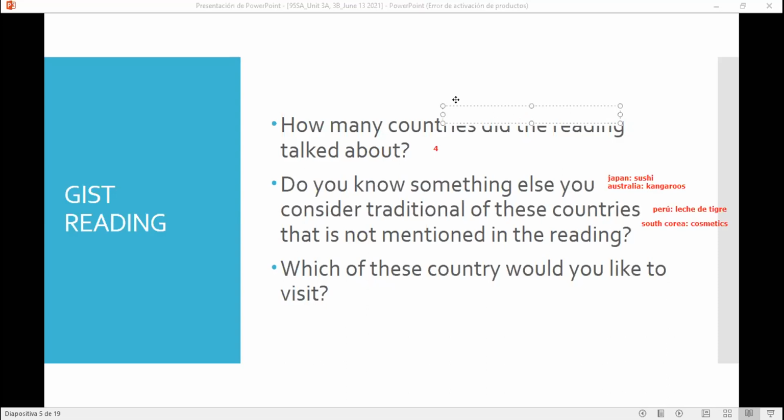Hasta han grabado una película por allá. La película de no me acuerdo del lugar, pero beautiful place. It is a beautiful place. So Cassandra would like to go to Australia. Vicky would like to visit all the countries. And let's see, Brian, which country would you like to visit of these 4 countries we have here?